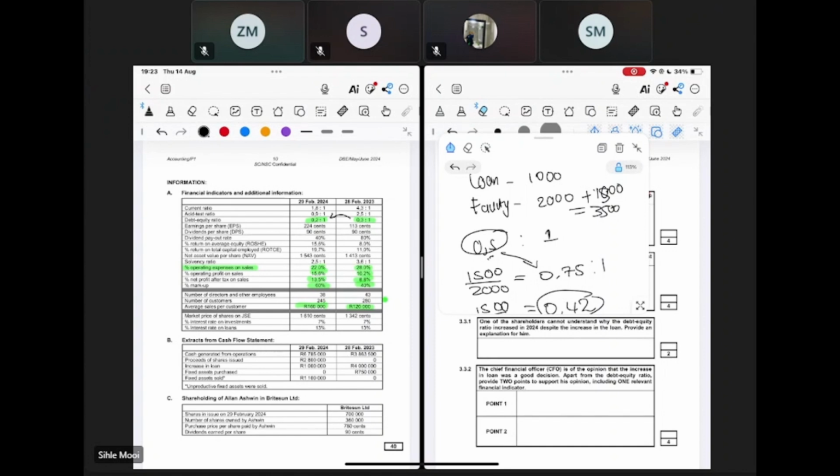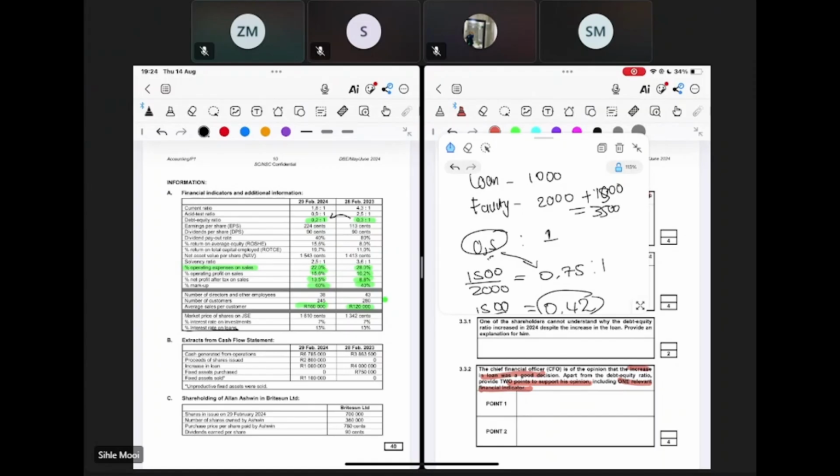Okay. Now the next question says the chief financial officer is of the opinion that an increase in the loan was a good decision. Apart from the debt equity ratio, provide 2 points to support his opinion, including one relevant financial indicator. So for this one, your interest on loan is a very important part. If we look at our interest on loan, it stayed the same.